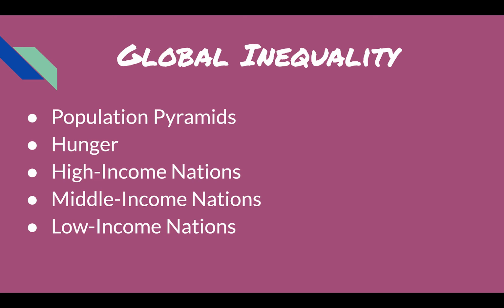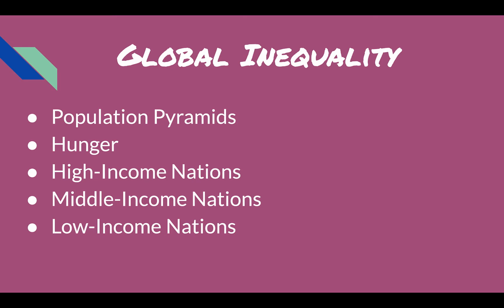High-income nations are typically the ones that contain all of those developed societies. They're rich, they have high productivity that comes from having advanced technology. Middle-income nations are typically people who have incomes ranging from about $3,500 to about $15,000 a year.